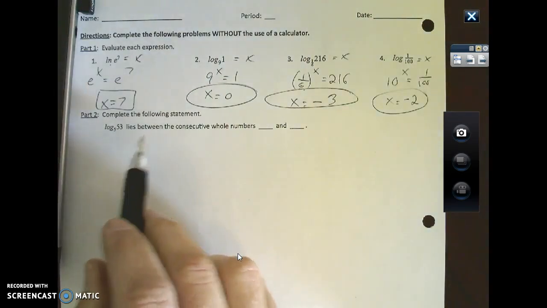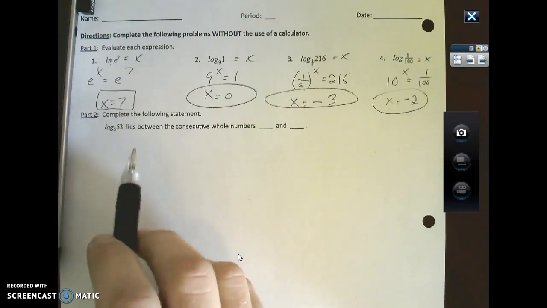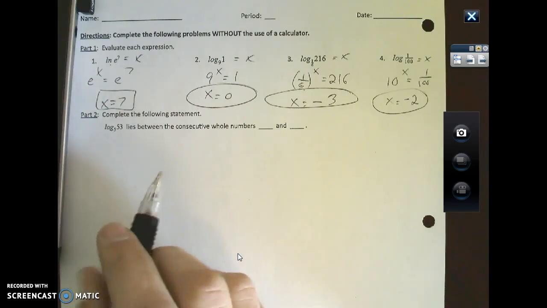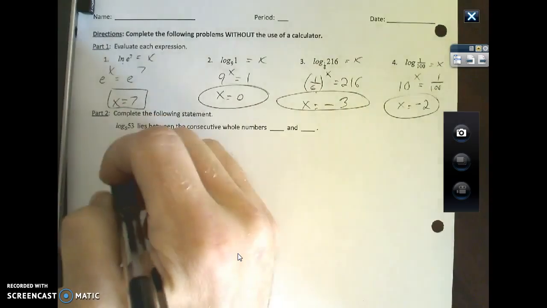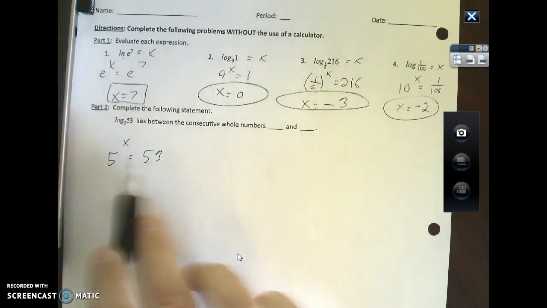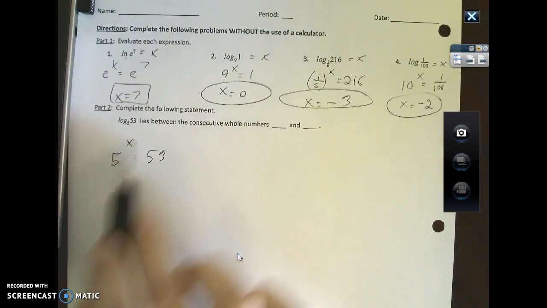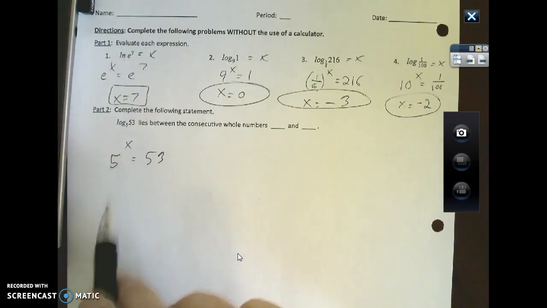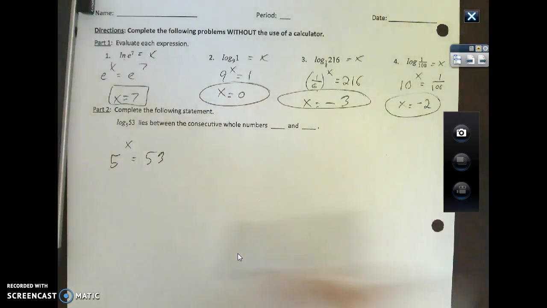Finally, down here, okay, complete the following statement. Log base 5 of 53 lies between the consecutive whole numbers what and what. Think about this. It's 5 raised to the x power equals 53. So you're trying to think, what whole numbers? So 5 raised to what power and 5 raised to what power will be its boundaries around 53.